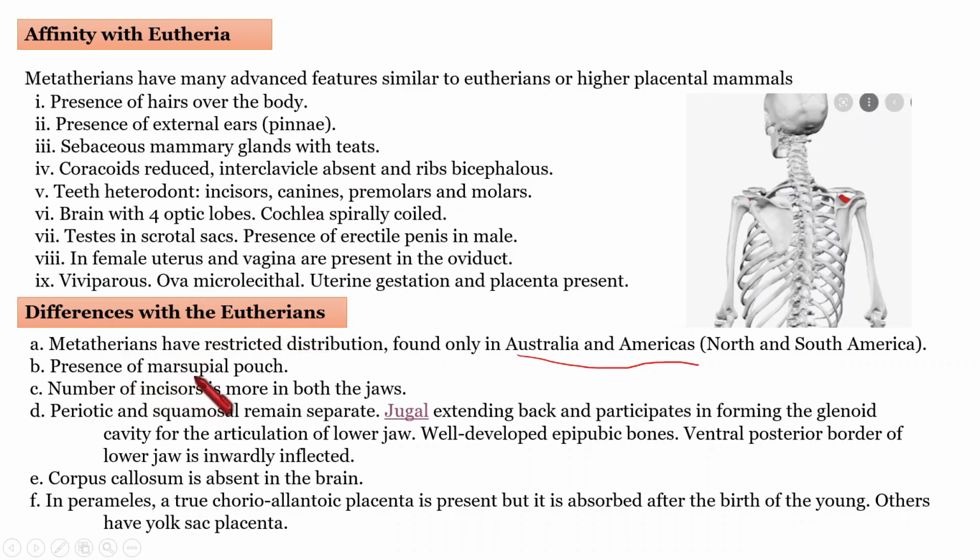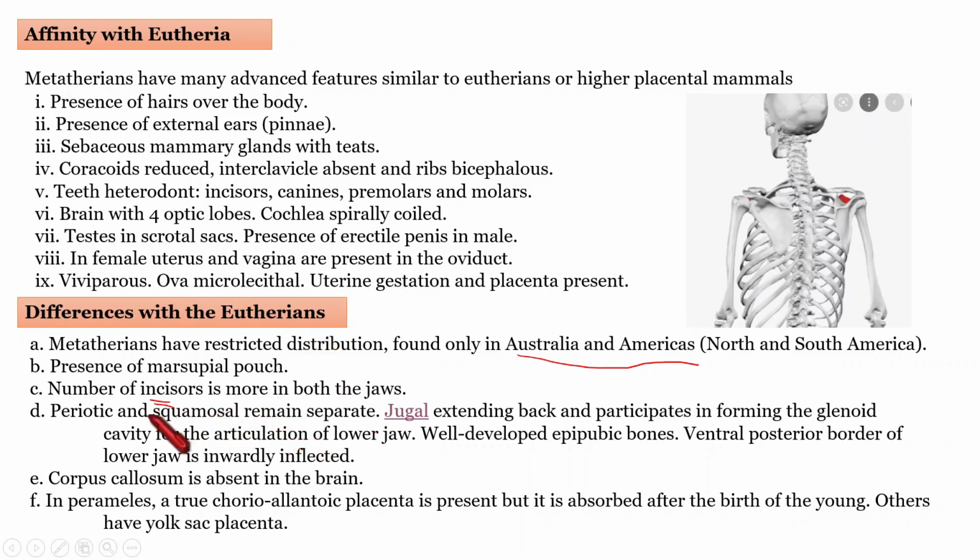Next, presence of marsupial pouch, but eutherians don't possess that marsupial pouch. That is another difference of metatherian from eutherian. Then regarding the number of incisors, the number of incisors is more in the case of metatherians in both the jaws when compared with the eutherians.